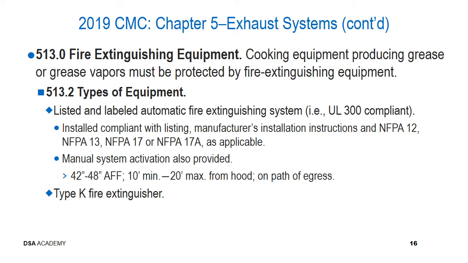And the manual activating button, chain, or device is required to be located between 42 and 48 inches above finished floor and at a distance of 10-foot minimum to 20-foot maximum from the hood that's being protected, and also on the path of egress from the area or from the room where the hood is located.